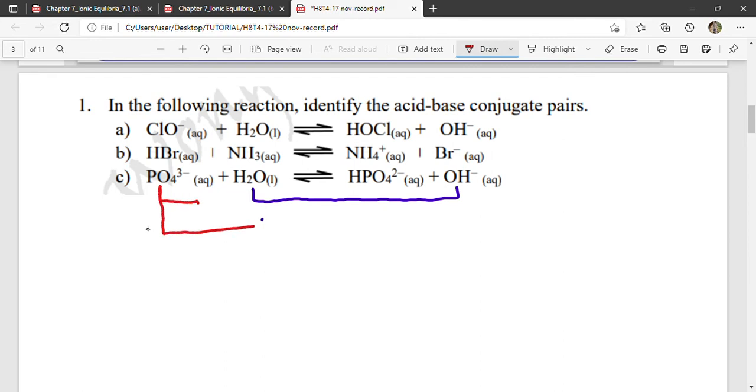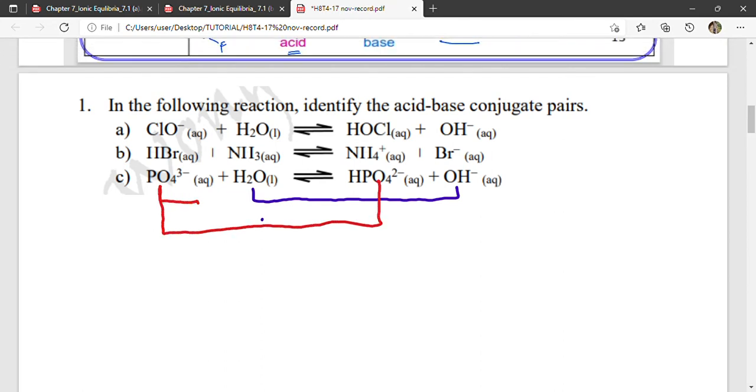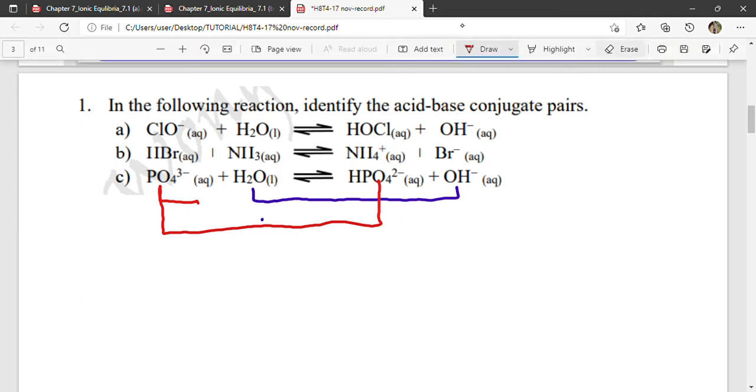So PO4 3 minus becomes HPO4 2 minus. It shows here that H2O donates its proton to become OH minus.